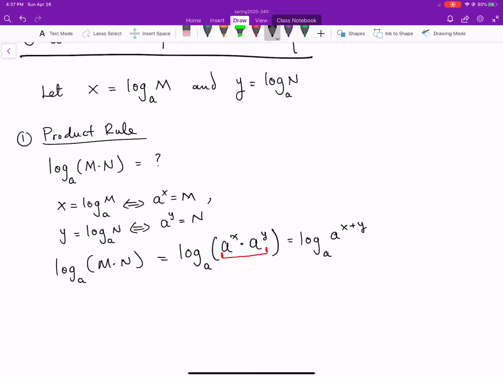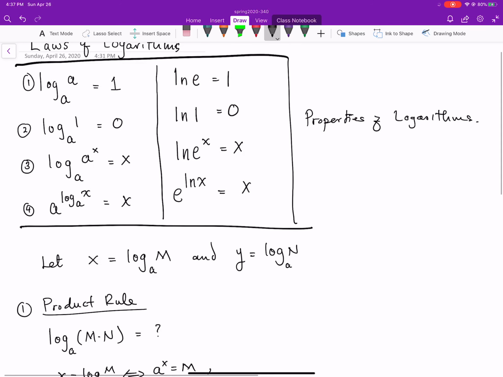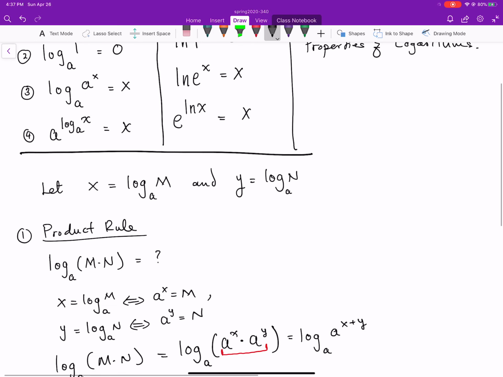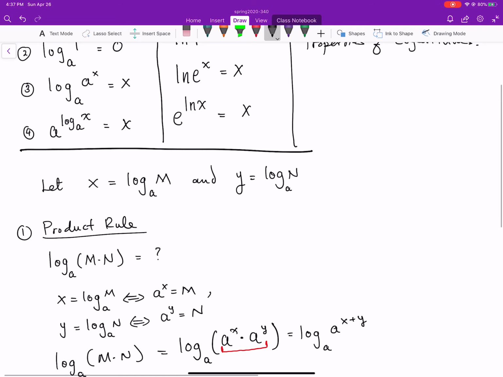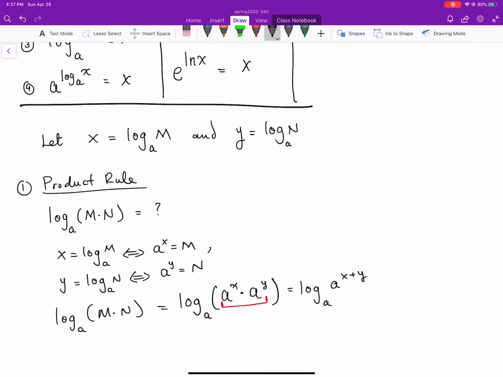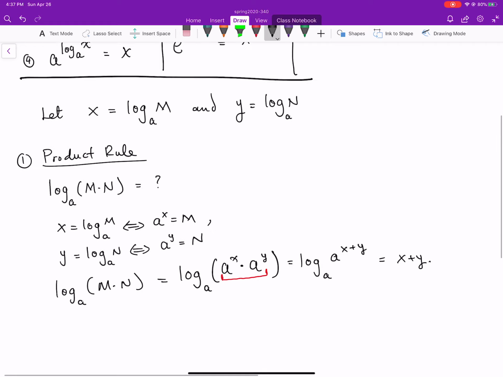Now, if I rely on my properties, the third property says log a of a raised to the x, the outcome is x. I see the same thing over here: log a of a raised to the x plus y. The outcome should be equal to what? x plus y.